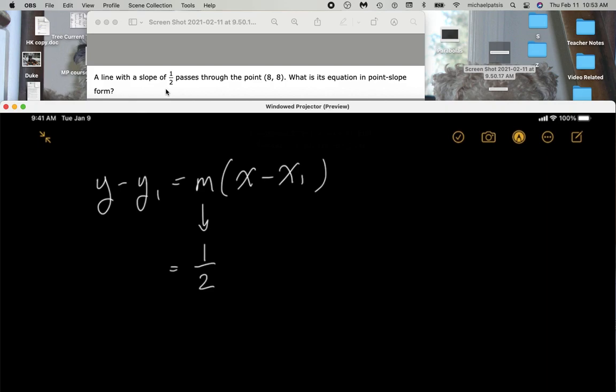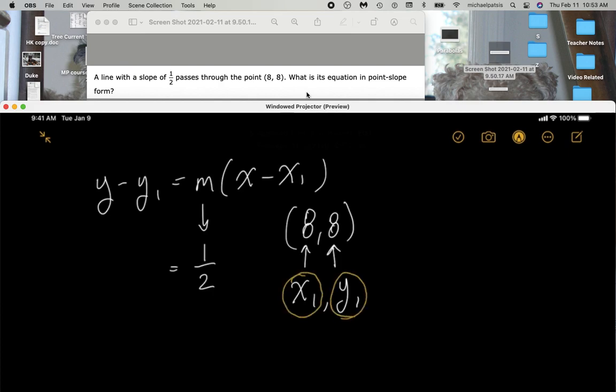So immediately you can put 1/2 into here. Okay, we are trying to create the real world equation. And then they tell you there's a point, 8, 8. So here's your x1 and your y1. So all you do, ladies and gentlemen, is take this x1 and this y1 and plug it into this formula.